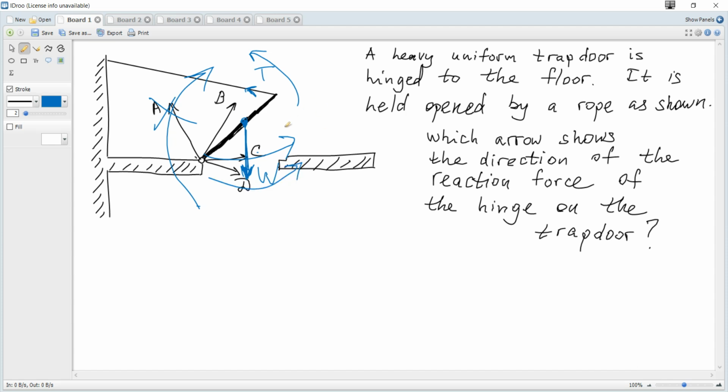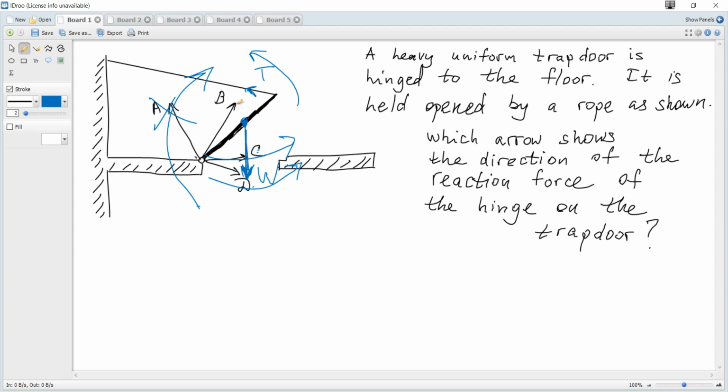And you can see that C or D will provide also anti-clockwise moments, and if it would be C or D, there will be a non-zero resultant torque or moment of force in the anti-clockwise direction, so it will not be balanced.